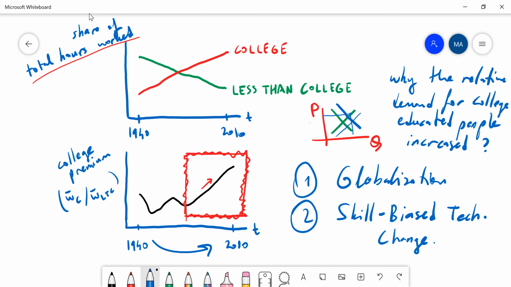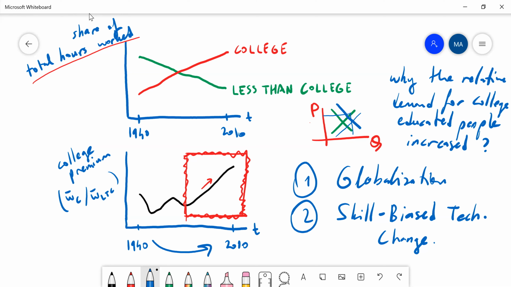We're going to discuss some of these issues in the next weeks, but we understand that different types of technological progress affect different types of skills, right? Some of the new technologies are skill biased, so they increase the productivity of the skillful workers, and some of them are basically skill replacing, right? It's because some technologies replace some workers, such as in the case of automation, right? So right now it is very popular.